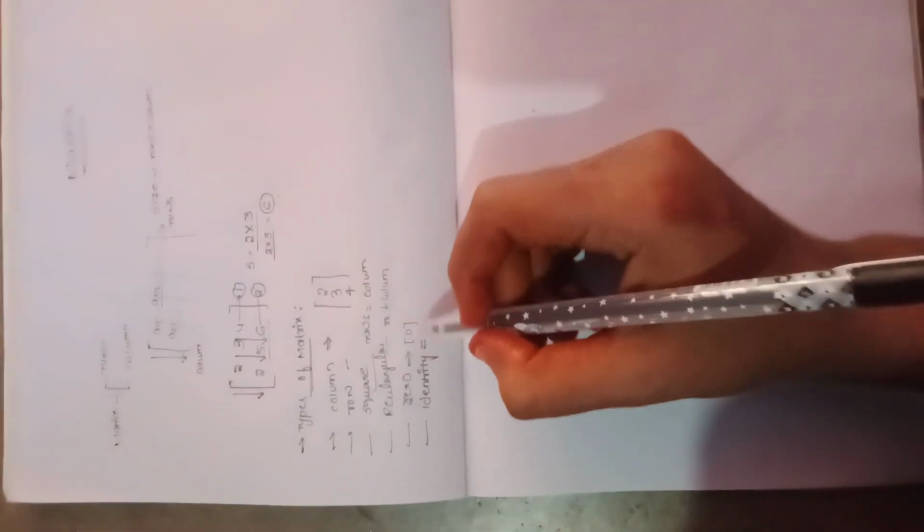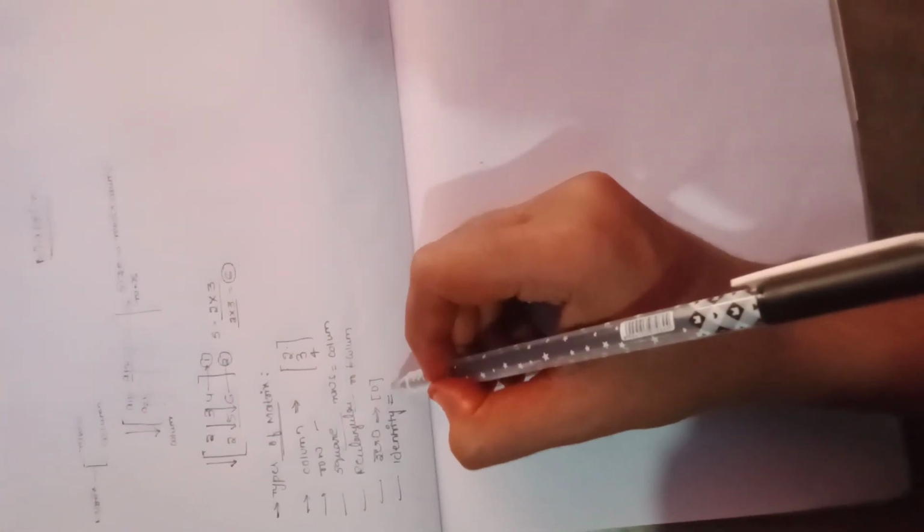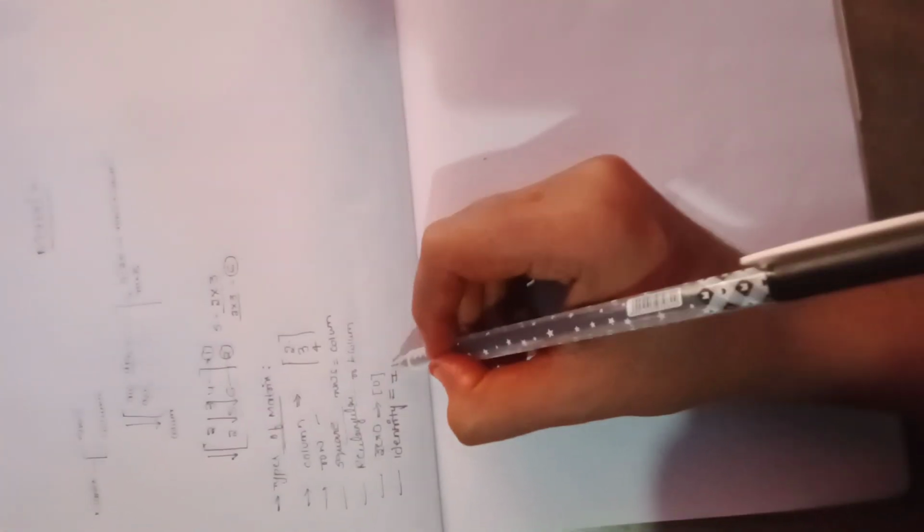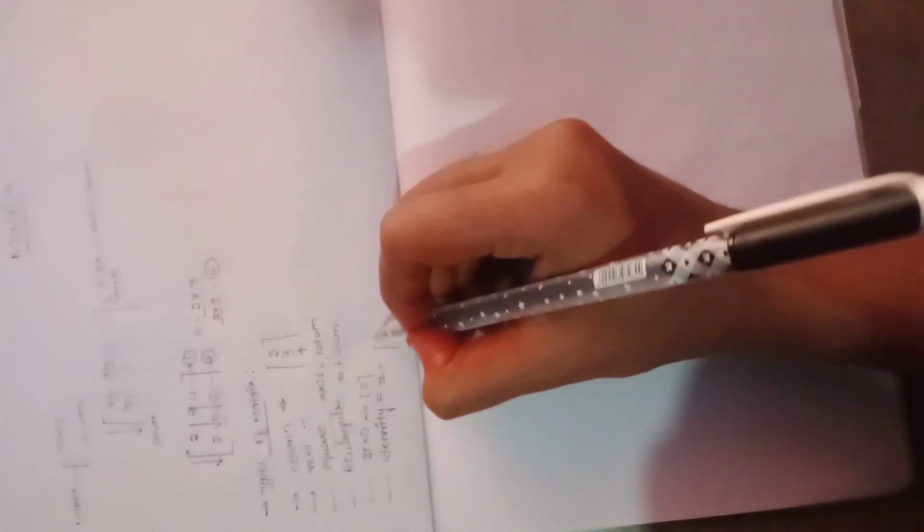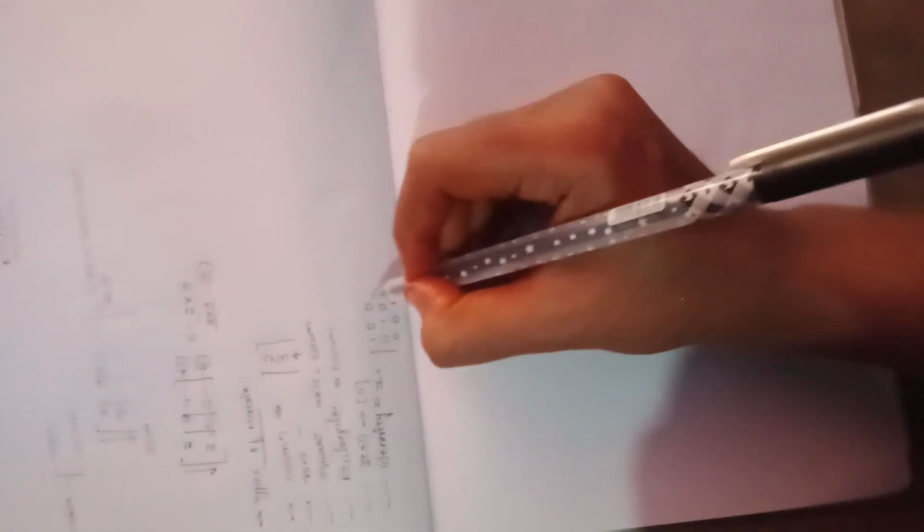And identity matrix, which is denoted with I, where the diagonal elements are 1. We generally use the identity matrix for solving problems.